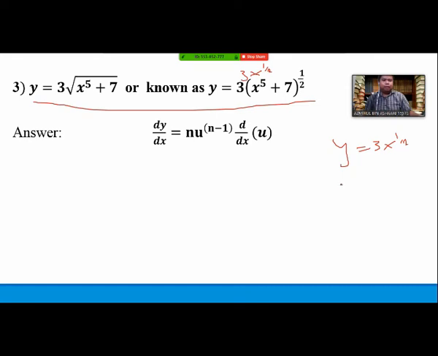So what will happen when you differentiate dy per dx? This one will move to the front, 3 multiplied with half, and x power of half minus 1. And you will get 3 over 2 x power of negative half.